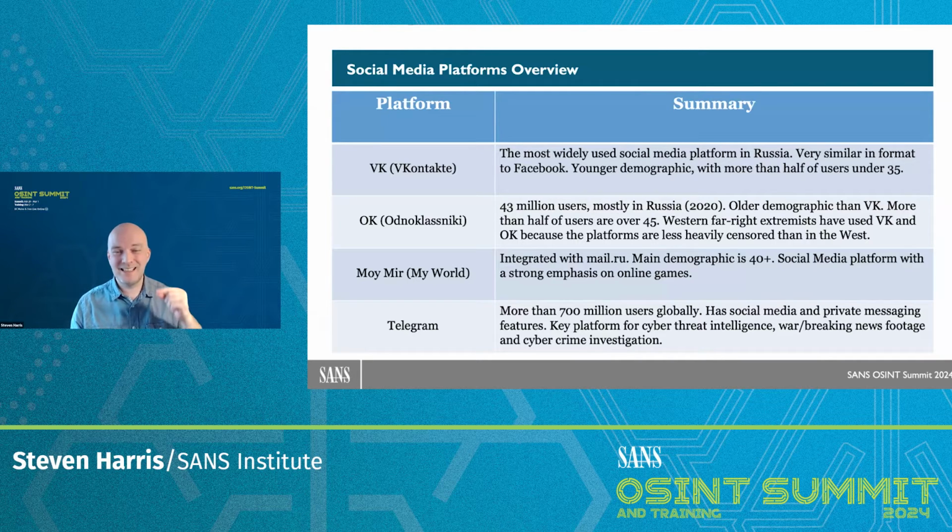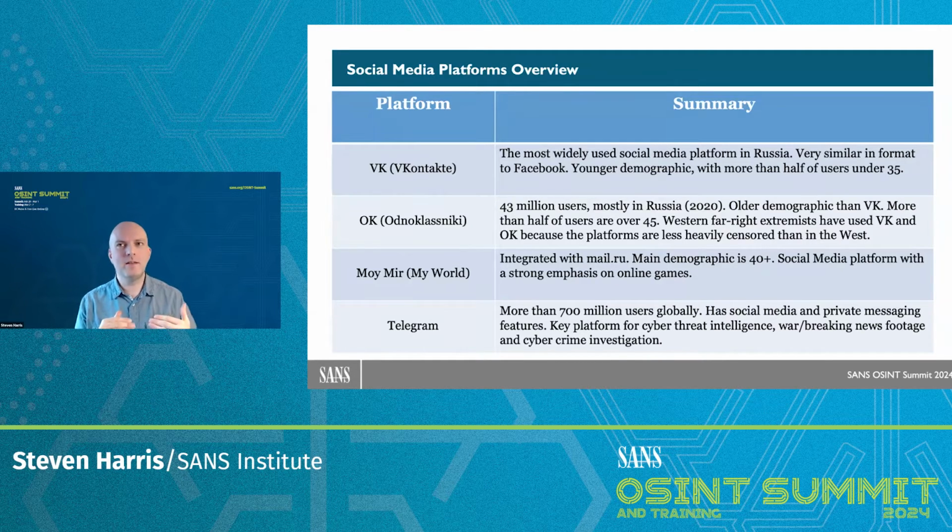All I'll say about Telegram, because there's nothing really much to add to Stephen's talk, is if you want to do research in Russia, you want to do research in Ukraine, Telegram is absolutely essential. Since the start of the war in Ukraine, in February 2022, two years ago, the Telegram user base in Russia has doubled. It's roughly 50 million users.